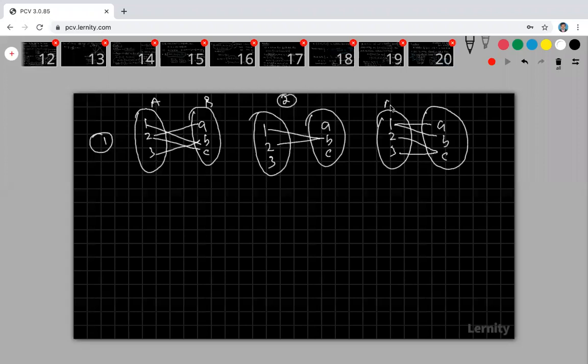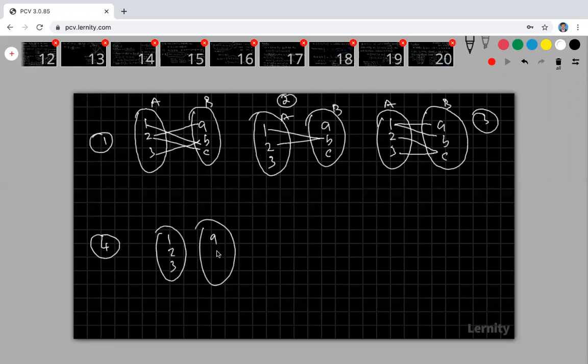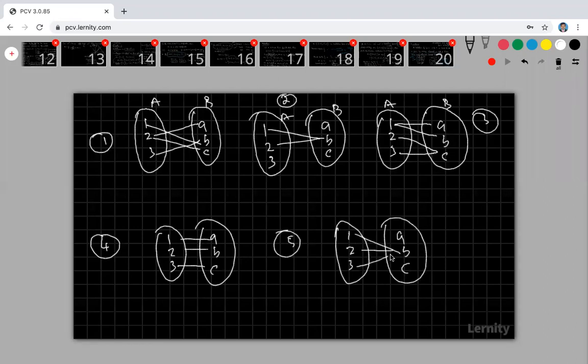This third one, function or not? This is the third one. Okay, fourth one. Which one is a function, which one is not a function?